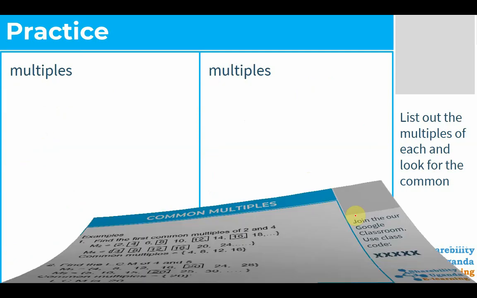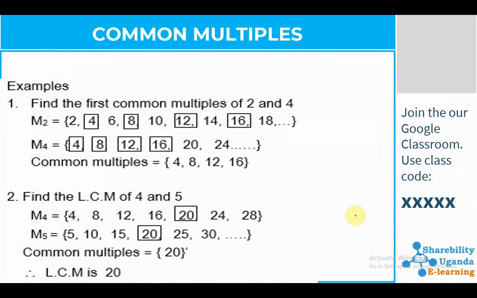Let's get back now to our example, which was already solved. They were saying find the lowest common multiple of 4 and 5. That means we are going to look out for the multiples of 4, the numbers which are multiplied by 4 and are greater than 0.